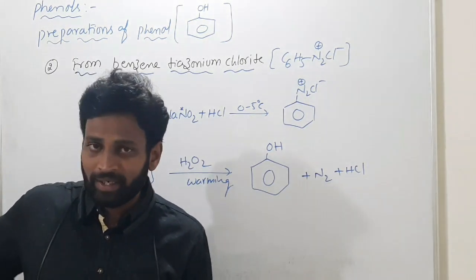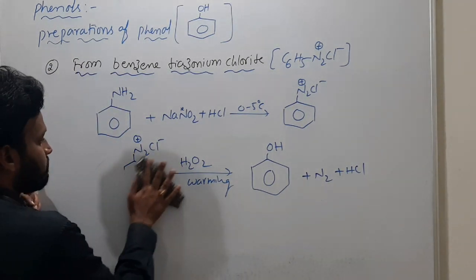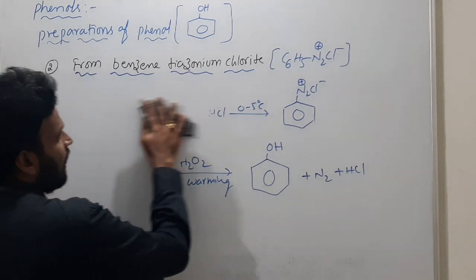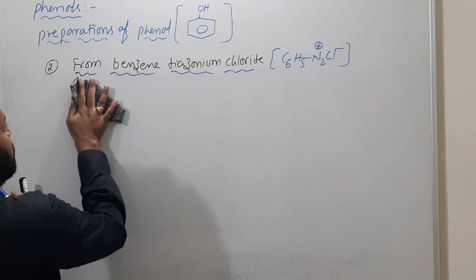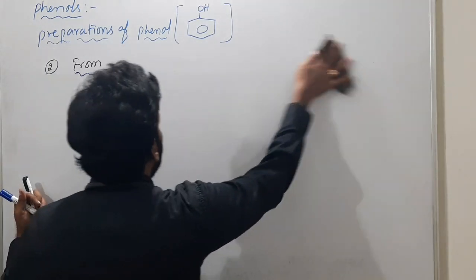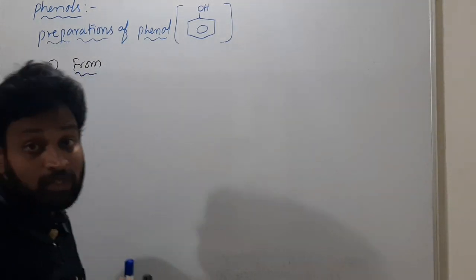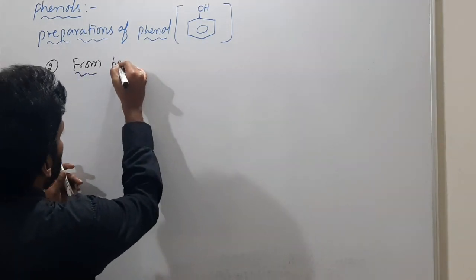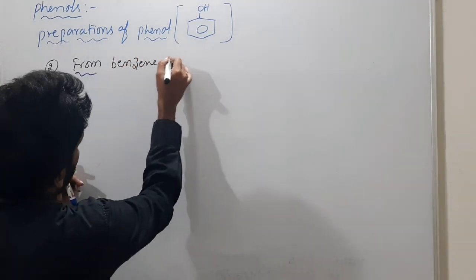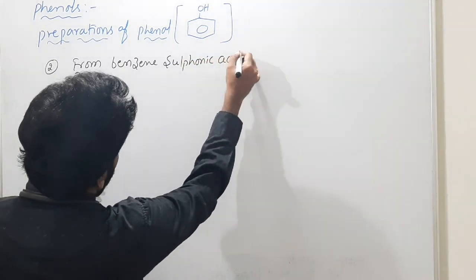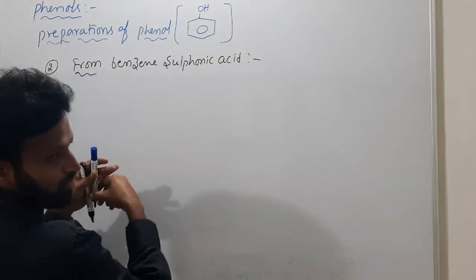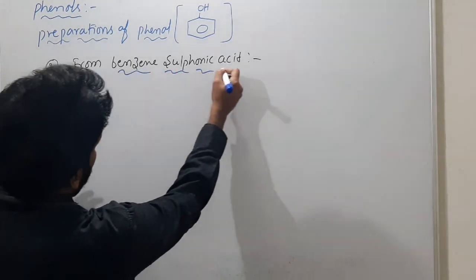Okay, so two preparations we discussed. One is from chlorobenzene and one is from benzene diazonium chloride. Now preparation of phenol from benzene sulfonic acid. Benzene sulfonic acid formula, do you know? C6H5SO3H.